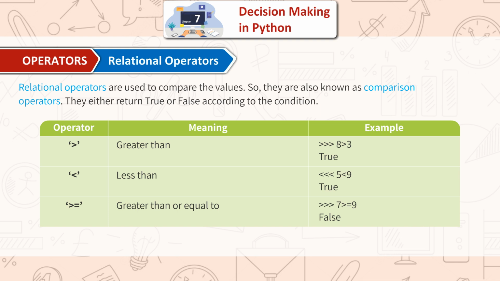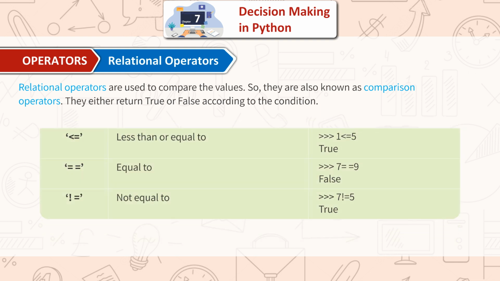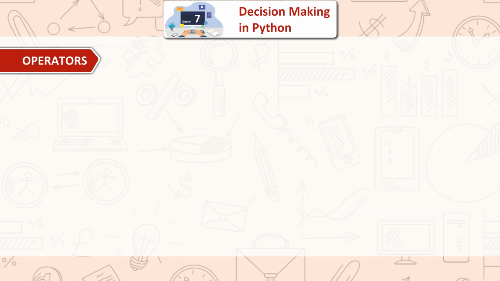Less than: 5 less than 9, true. Greater than or equal to: 7 greater than or equal to 9, false. Less than or equal to: 1 less than or equal to 5, true. Equal to: 7 equal to 9, false. Not equal to: 7 not equal to 5, true.